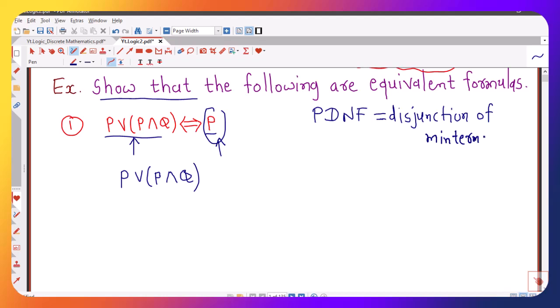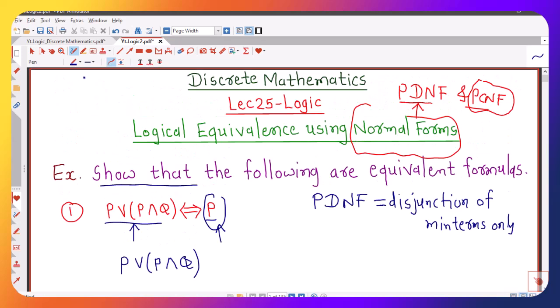And if we have two variables P and Q, then we have four min terms, that we are familiar with now. Suppose I have two variables P and Q, then I will have P and Q, then P and negation Q, then negation P and Q, and negation P and negation Q. So if we consider disjunction of any of these min terms, then we will have principal disjunctive normal form for two variables.